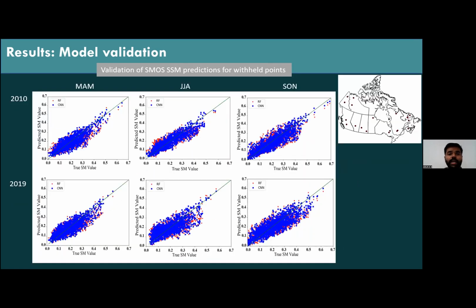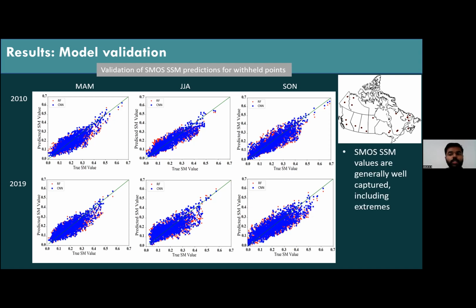Next is the validation of CMOS SSM estimates for withheld points. This figure shows the scatter plots of the true SSM values and the CNN and RF SSM estimates for the years 2010 and 2019 averaged over three different seasons. Here the blue points indicate the CNN estimates of SSM values, and the red ones indicate the RF estimates of the surface soil moisture.